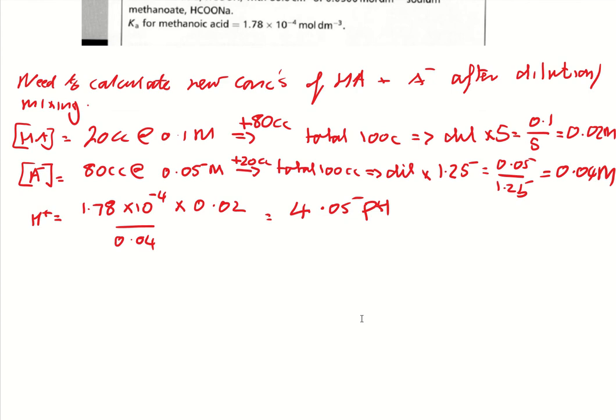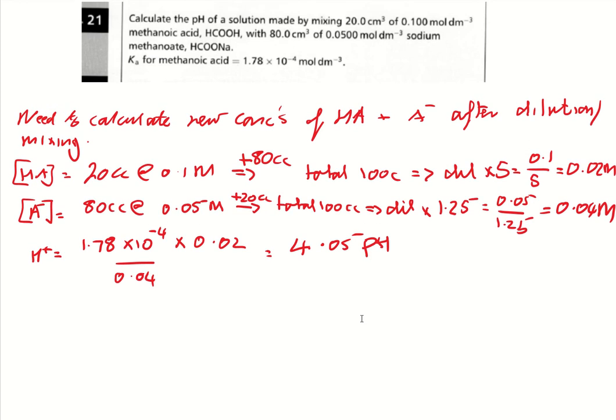Okay, so there you go. Hopefully you can follow that calculation. We did our dilution factor again. This time we were going from a volume of 20 up to 100, because we had 20 plus 80. So we diluted by a factor of 5. Our original concentration was 0.1. It's now 0.1 over 5 for the acid, so it's 0.02.